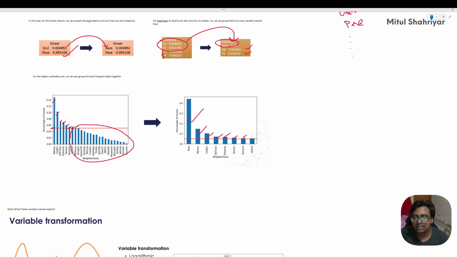Interestingly, that rare label now has more than all of these ones. Okay, so it depends on the scenario, right? The interesting portion was this limit. If this limit was basically near this, there might be only, if I just remove this one.